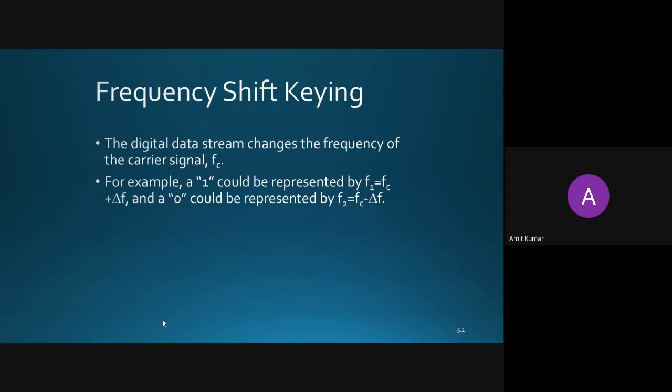The modulated signal, or the FSK signal, will contain two frequency components. The first component will be F1, that is Fc plus delta F, so the frequency is increased by delta F, and 0 will be represented by Fc minus delta F. Either it can be this one or it can be reversed. You can go for F1 equals Fc minus delta F and F2 equals Fc plus delta F. You can choose any one of these.